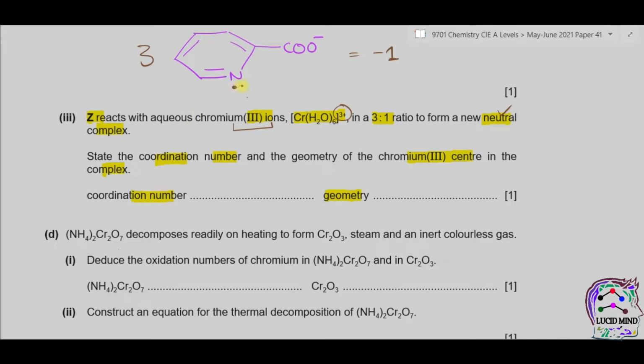And in Z we can see we have a lone pair on the nitrogen atom, we also have a lone pair on the oxygen atom, so it can behave as a bidentate ligand. You can draw a structure like this.